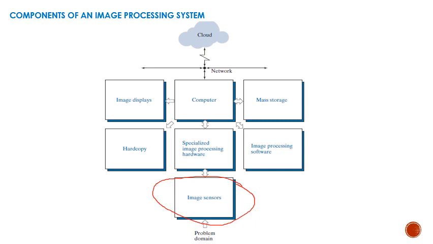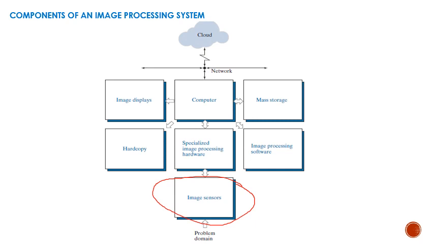The other element is a digitizer. A digitizer is a device for converting the output of a physical sensing device. That is, we are converting the output of a sensor, which will be in the form of electric current or voltage, into some digital form.